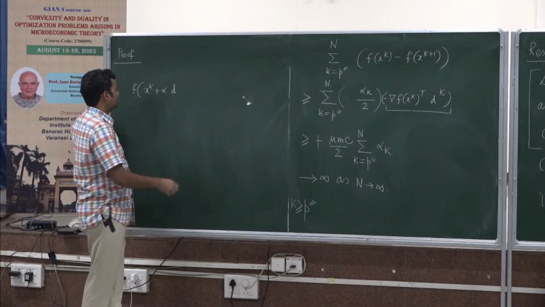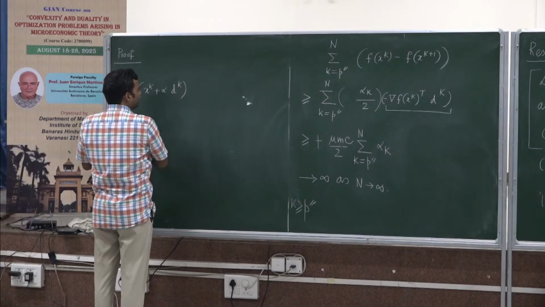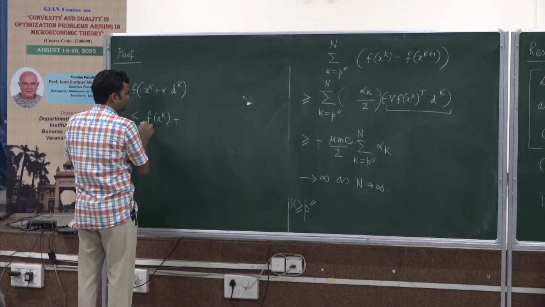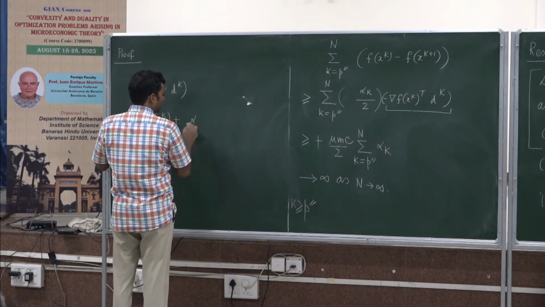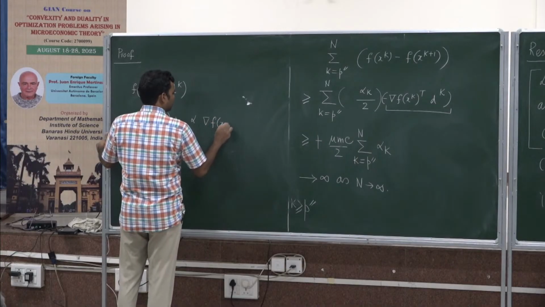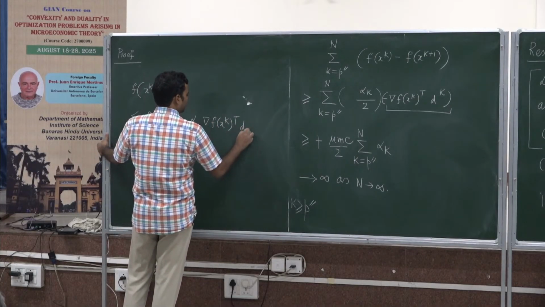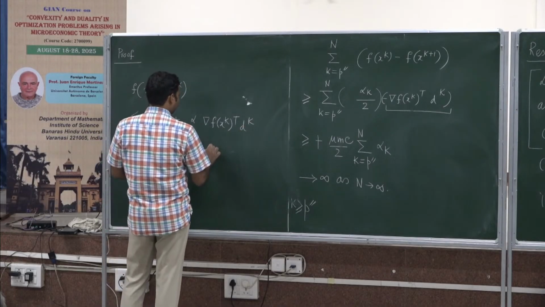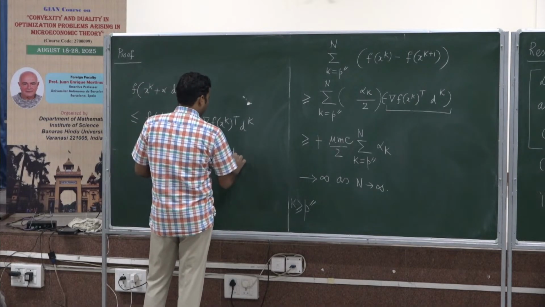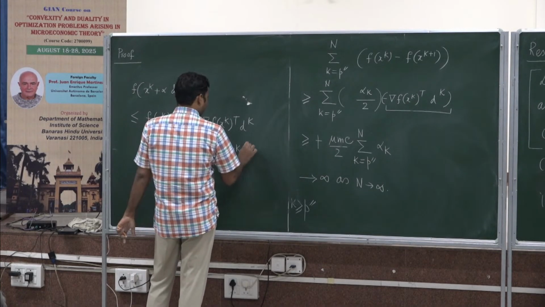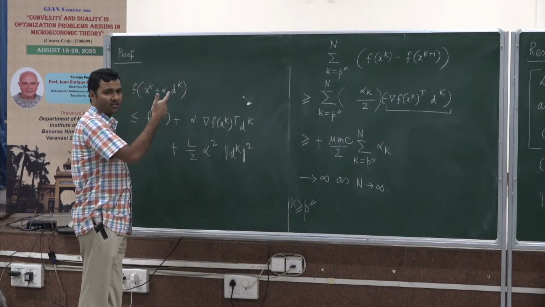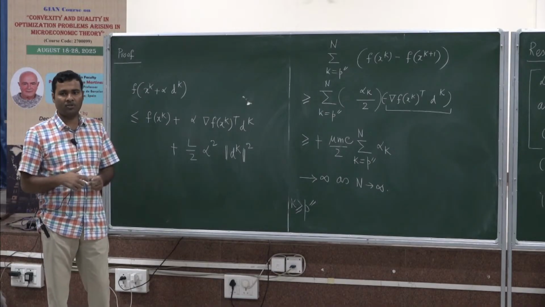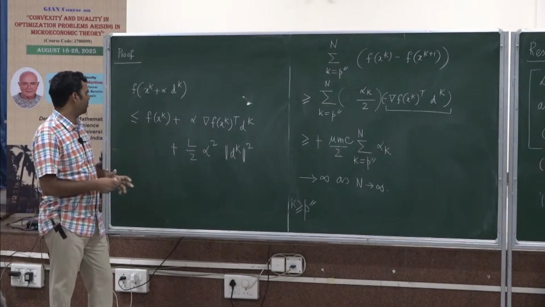And then f of xk plus alpha dk will be less than or equal to f xk plus alpha times gradient f xk transpose dk plus L by 2 alpha square norm dk squared. In a similar manner we can prove the same. Similar manner means the construction of the auxiliary function phi t and then phi dash t, and then you take integration from 0 to 1 of phi dash t dt, and ultimately you are going to get this over here.